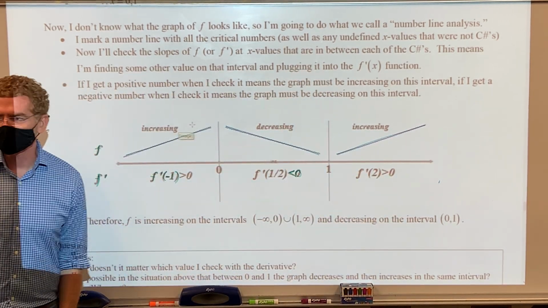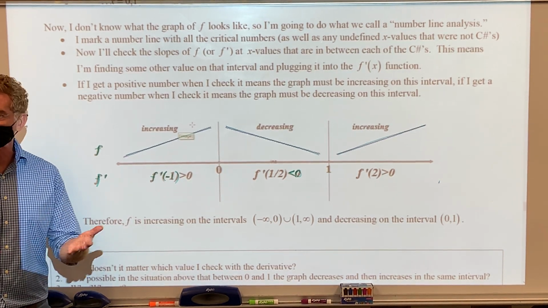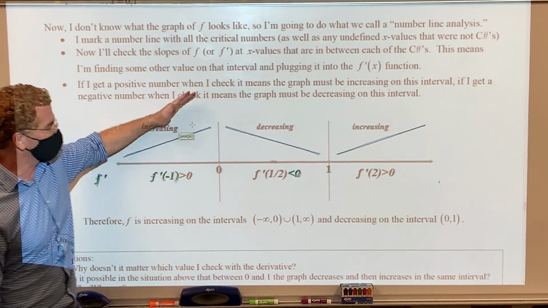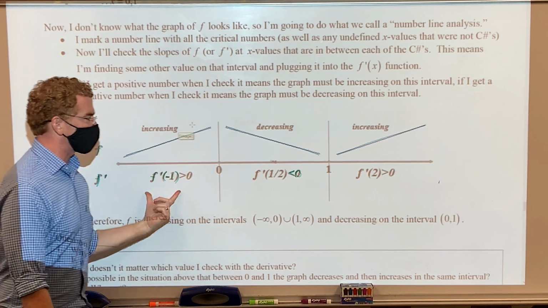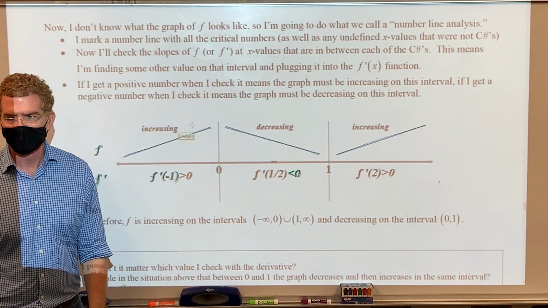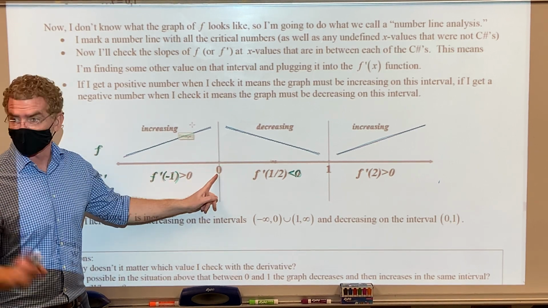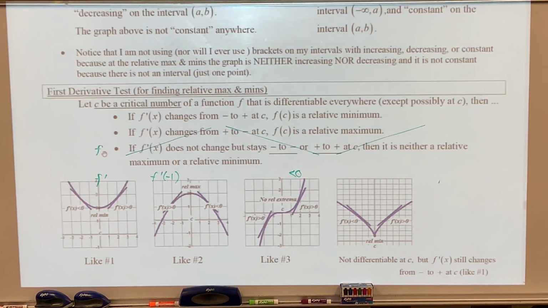And now I look at this, and the first derivative test comes into play. What does the first derivative test tell you about when the function goes from increasing to decreasing, or when the derivative goes from positive to negative? It could be, but what does it tell you? If it's a critical number, which it is, check it out. First derivative test.